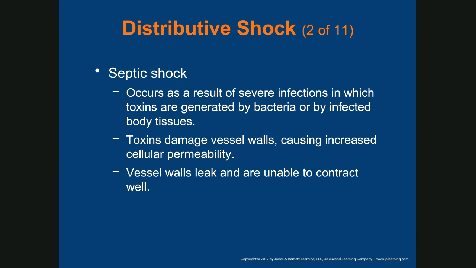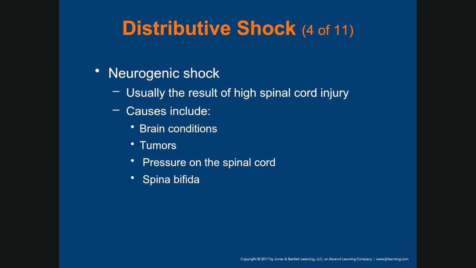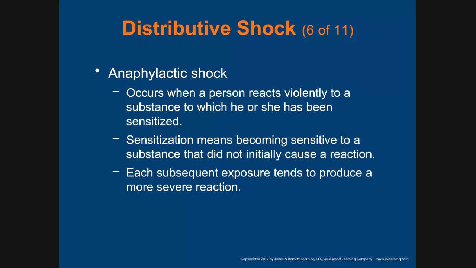So we get widespread vasodilation because of the bacterial damage. Widespread dilation of the vessels in combination with plasma loss through the vessel walls results in septic shock, right? And that's your distributive shocks.